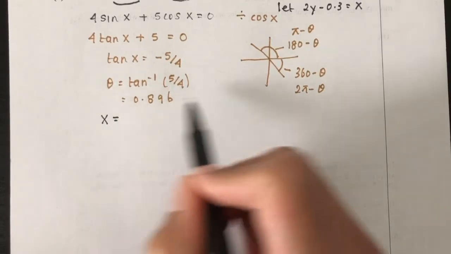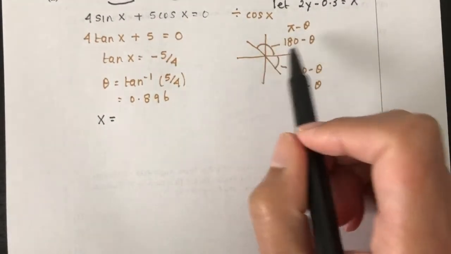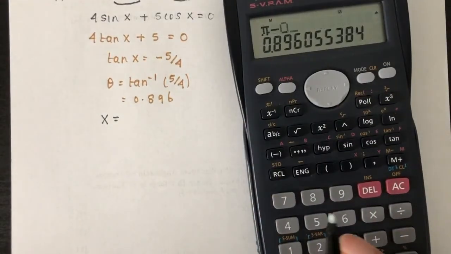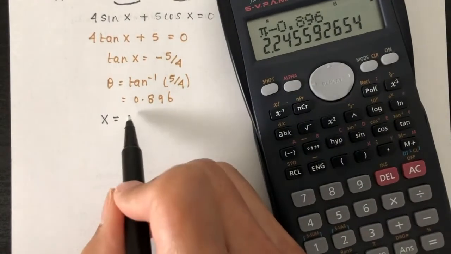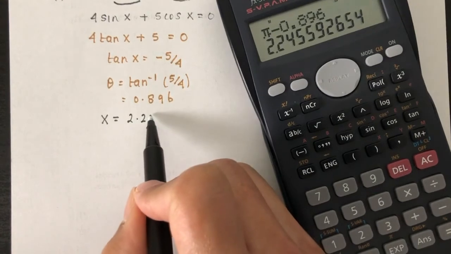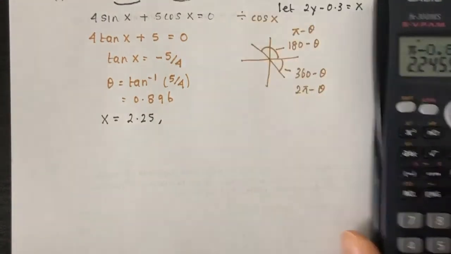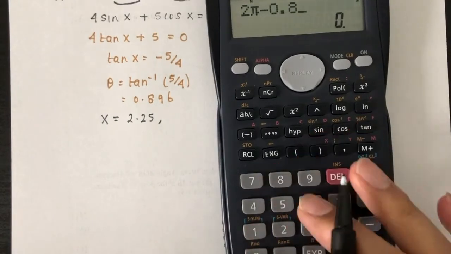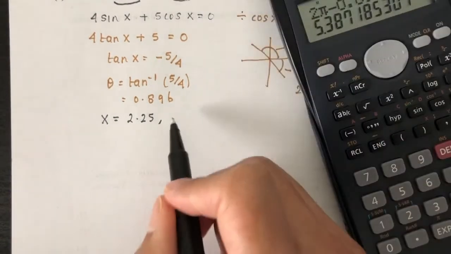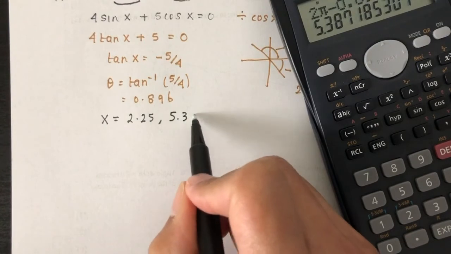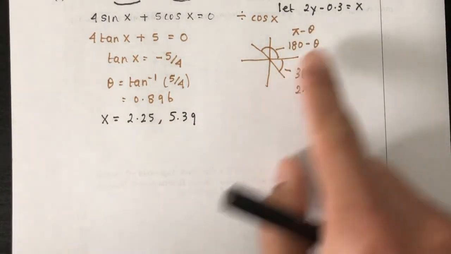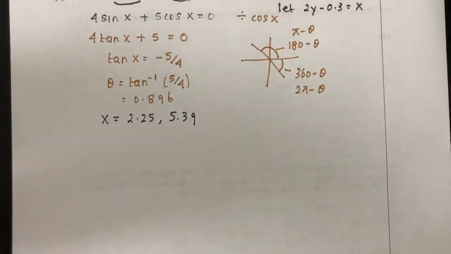Okay, now from this point we have to find the value of x. X is equal to, according to your quadrants, the first one is pi minus this value. So take pi minus 0.896, that will be 2.25, or it can be 2 pi minus the value 0.896, that will be 5.39. So now x is not what we are trying to find. We are trying to find the value of y, right?